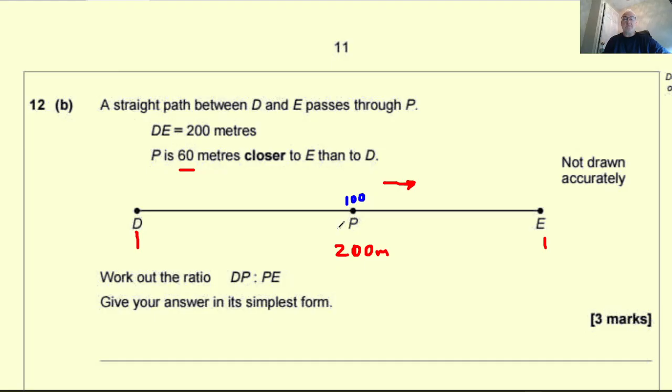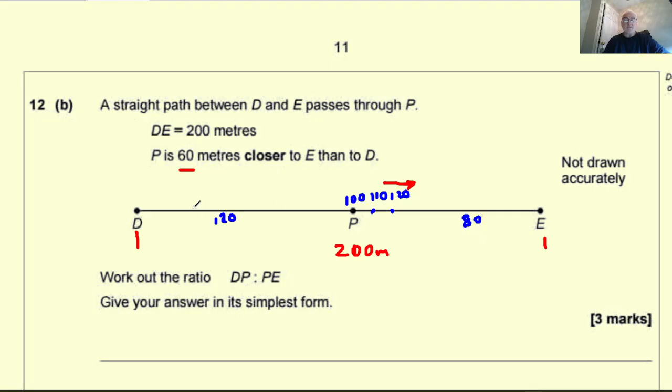I'm just going to move it 10 meters at a time. So if I move it to 110, this side would be 110 meters, this side would be 90 meters. The difference between that is 20. Let's move it 10 again, so that's 120. So we've now got 120 meters and 80 meters.